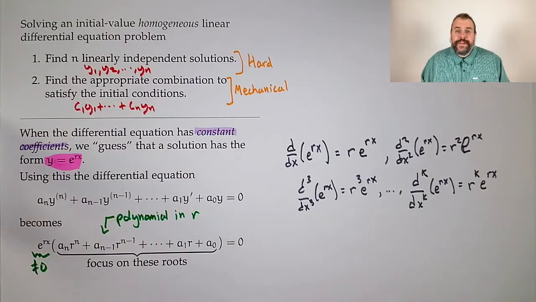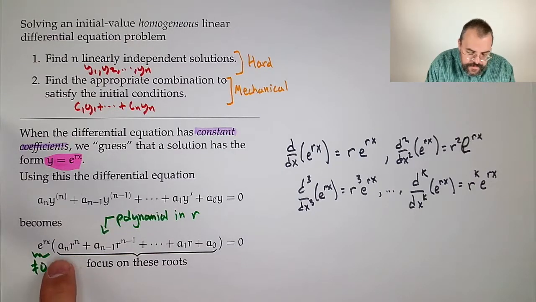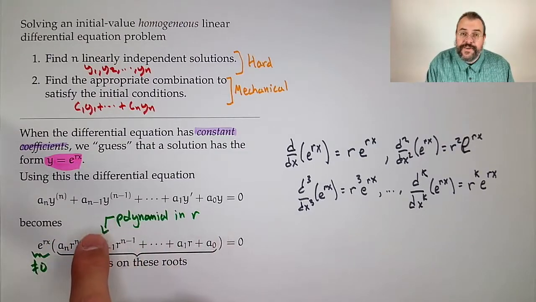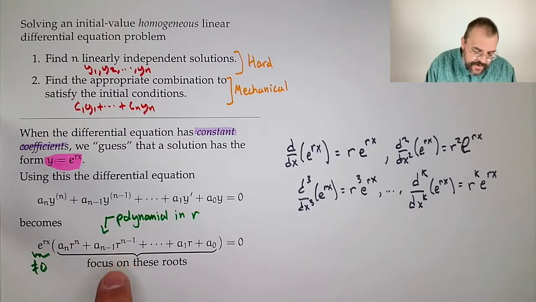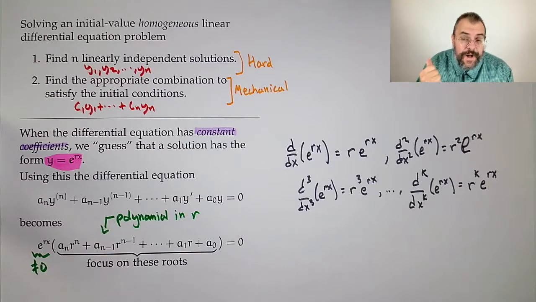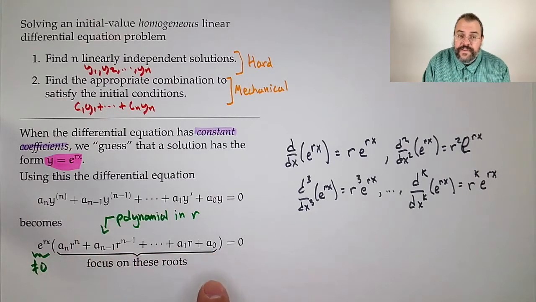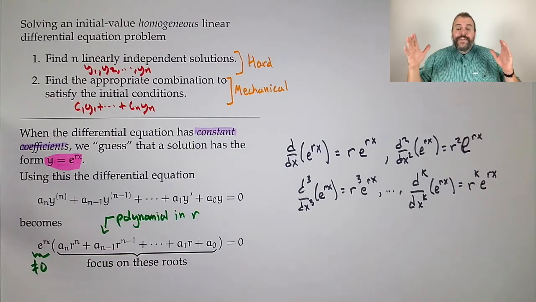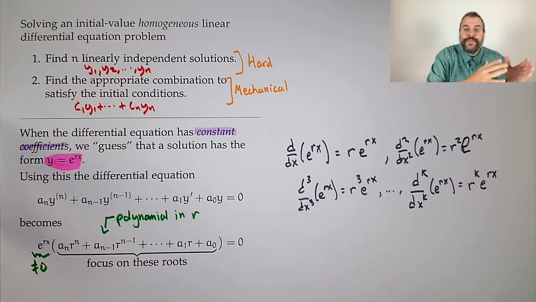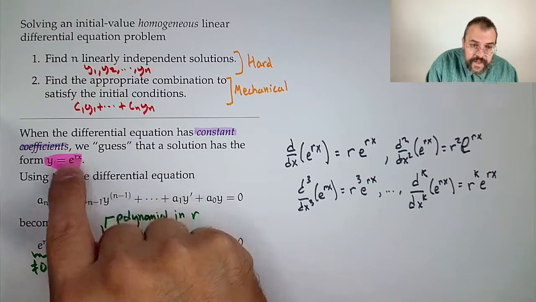That's one of the important things about exponential functions. Exponential functions are never, ever 0. So we know that can't be 0, which means that we want this polynomial to be 0. Well, that means we need to look at the roots of the polynomial. So if you find a root of the polynomial, in other words, some value for r that makes this whole thing 0, then that root gives us a solution. Because we plug in e to that root times x.